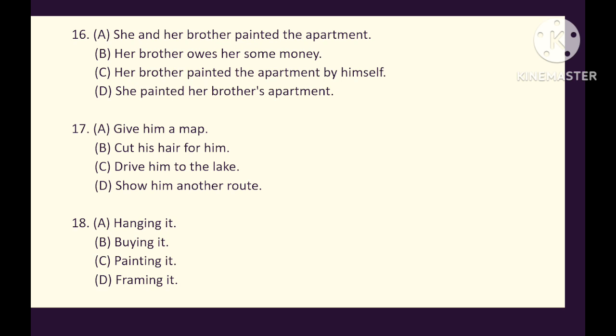He owed me a favor. What does the woman mean? Number 17. I'd like to go swimming this afternoon, but it's such a long walk to the lake. I know a shortcut. Let me show you on this map. What does the woman offer to do for the man?